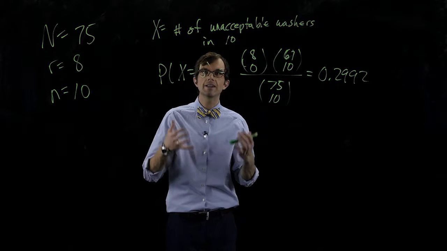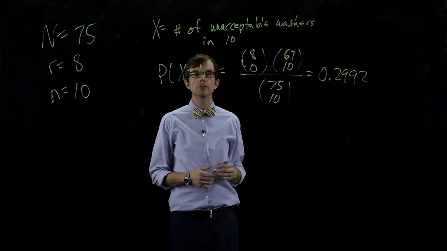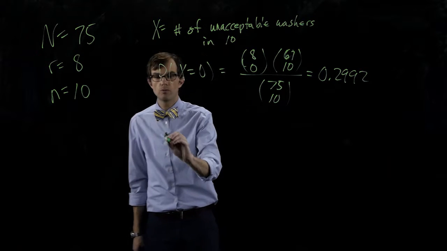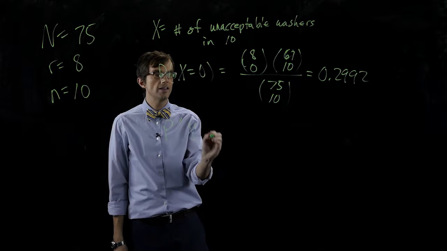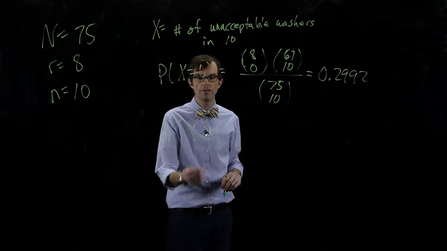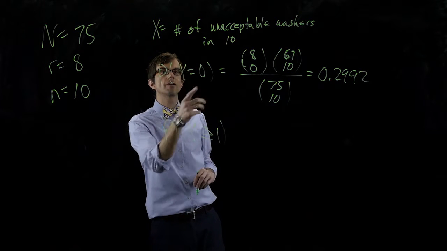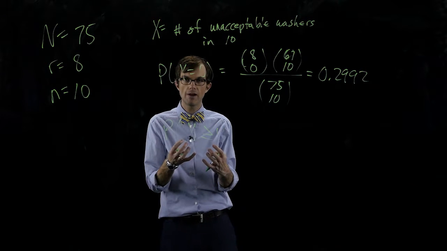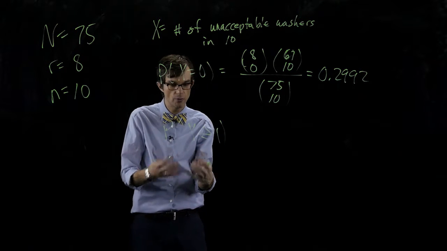What's the probability that at least one unacceptable washer is in the sample? At least one. What's the probability that y is one or more? Well, this is the complement of what we already calculated. Remember, what are our different options for the number of unacceptable washers that we see in 10?